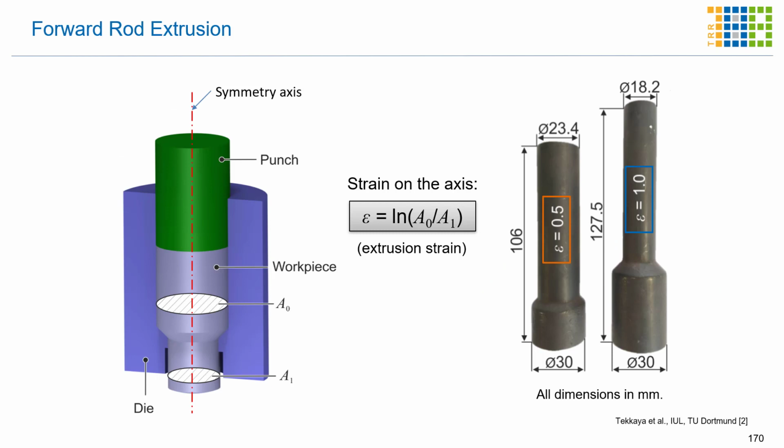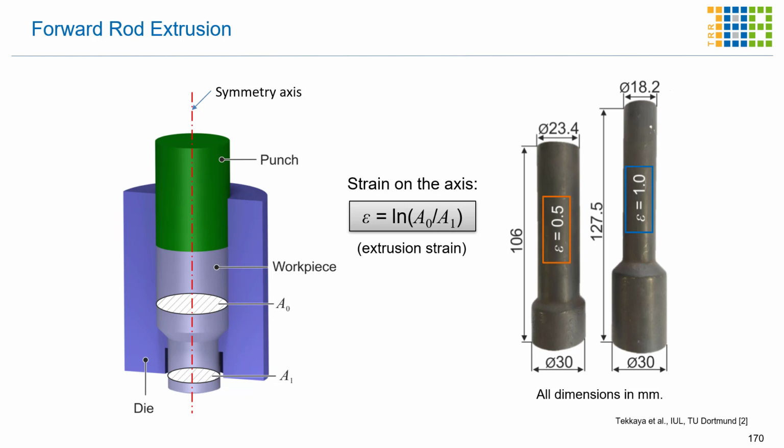As we have seen before, the damage evolution in caliber rolling can be neglected, provided that the heat treatment in between the caliber rolling and the forward rod extrusion process has no impact on the material properties. Therefore, in the following we will only consider the forward rod extrusion process from the simulation as well as experimental perspective.